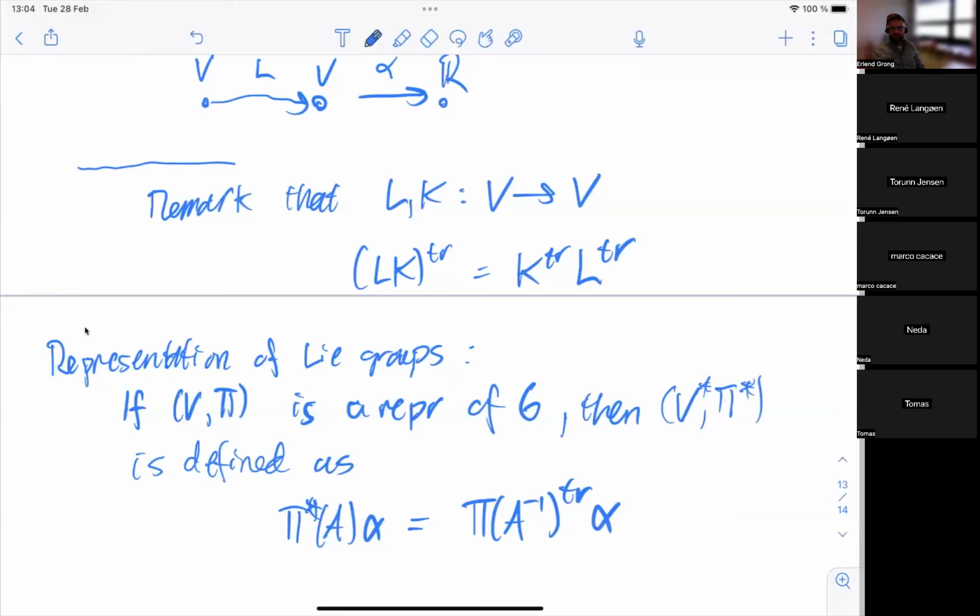And why do we need to take A inverse? Well, you can test what happens if you don't take A inverse: you then don't get a group homomorphism. The transpose is sort of an anti-homomorphism in the sense that it reverses the order, takes left to right. So you need another operation that takes left to right, and that is here by taking the inverse, in order for this to actually end up being a group homomorphism.